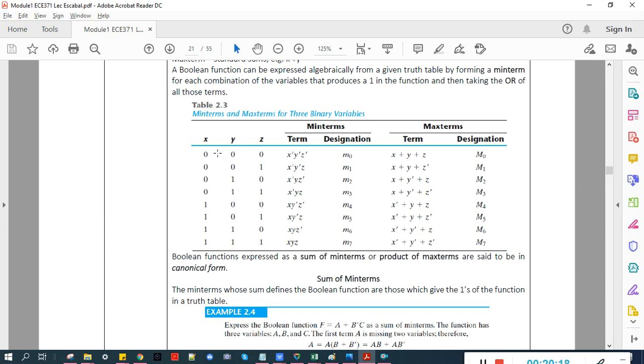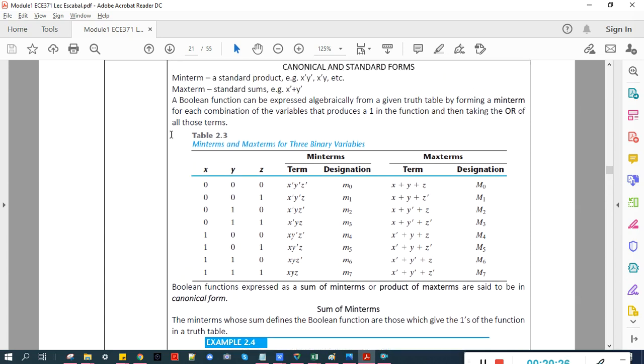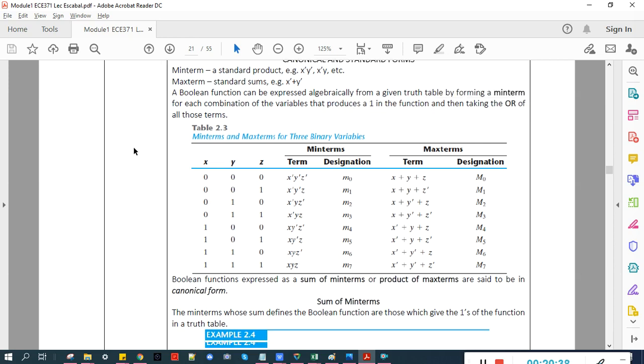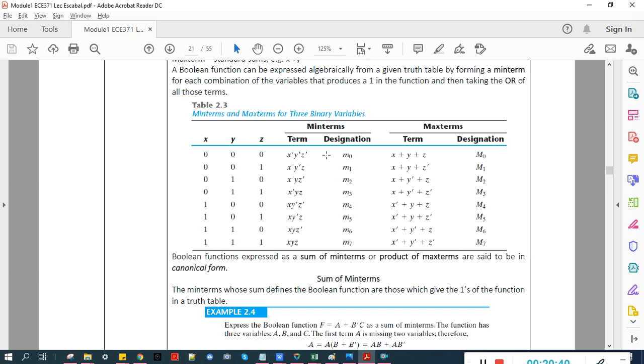M0 is the mean term x prime, y prime, z prime, and this is 1 as defined here. A mean term for each combination of variables that produces a 1 in the function, taking the AND of all those terms. This expression is 1 if x, y, z are all 0, right?